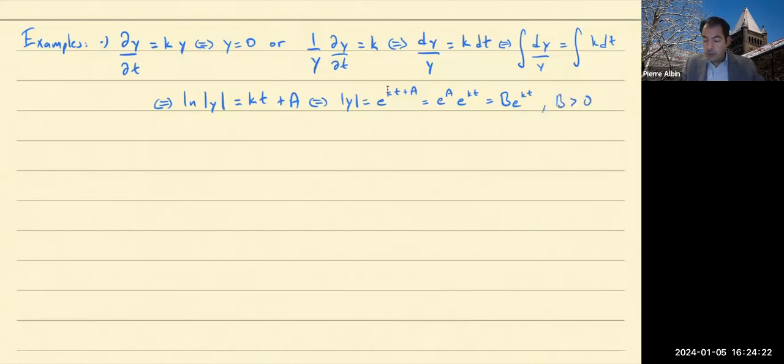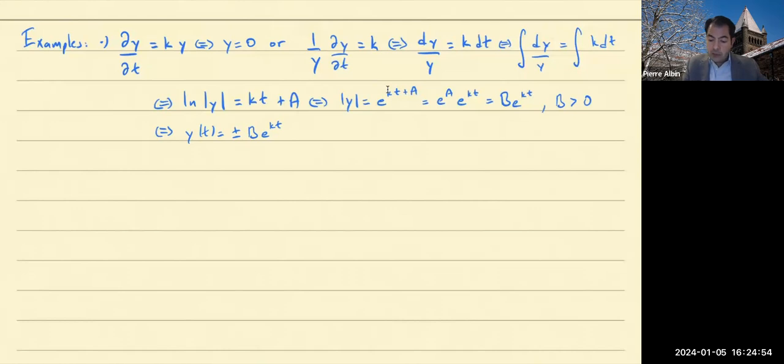So here b is an arbitrary positive constant, right? And here I had the absolute value of y. So if I get rid of that absolute value, then we end up with y of t equal to plus or minus b e to the kt. So b is an arbitrary positive constant, and now I have a plus minus. So altogether, I could say that plus minus b is some arbitrary constant, just not equal to 0.